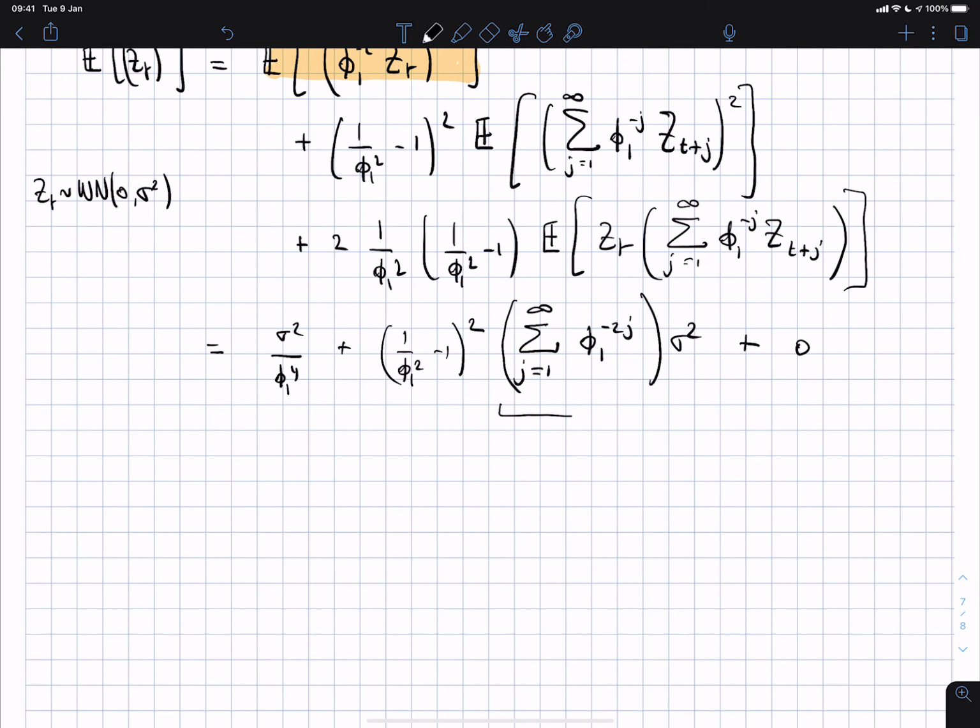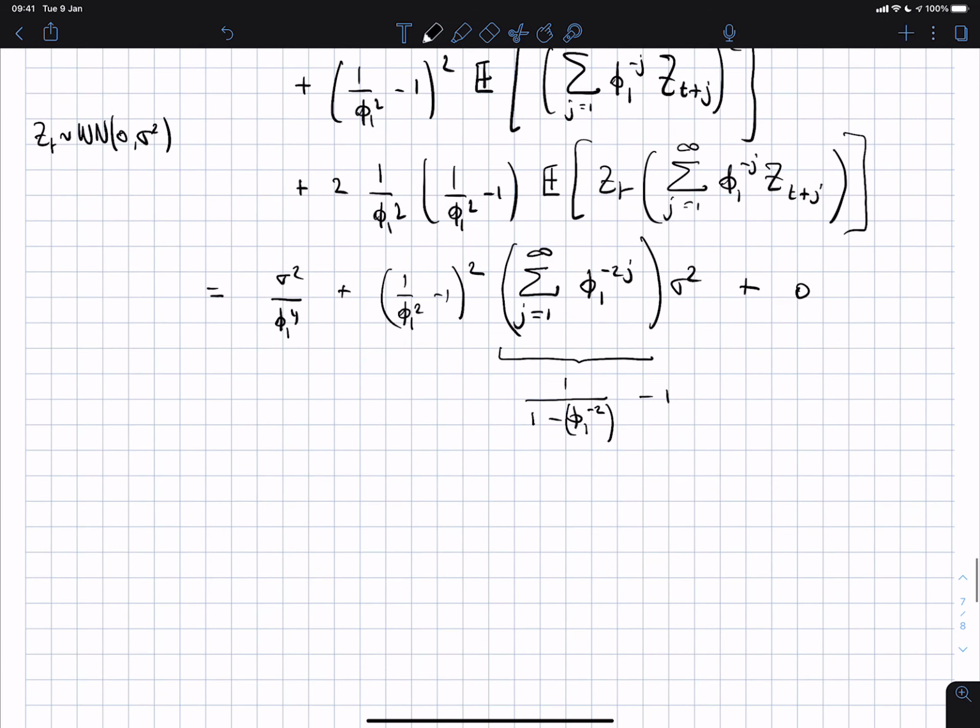And this sum here, I know that it's equal to 1 over 1 minus phi 1 to the power minus 2, minus 1. Why minus 1? Because the sum starts at 1, so I have to remove the first term here. And now it's just a matter of doing this properly.